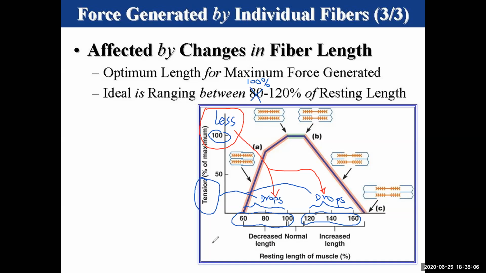The reason is simple. If you are stretched out, meaning this is the extreme here, there's no cross-bridge formation possible between myosin and actin. So this is a muscle that has been overstretched completely, and there's very little cross-bridge formation possible. The other extreme is when it becomes too short: the thin filaments on this side will crash into the filaments on the opposite side.